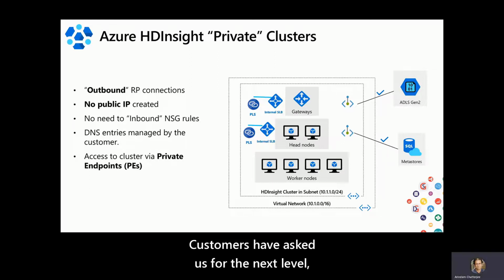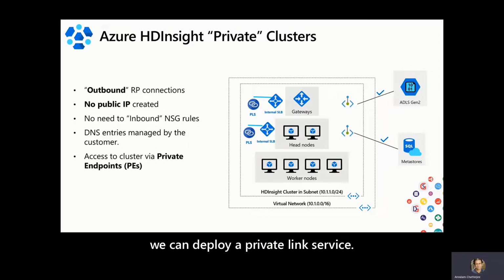Now, customers have asked us for the next level, which is that even for internal applications, users that need to contact the HDInsight cluster, they want to contact it using private endpoints. If you have that requirement, then great, we meet that too. For every HDInsight cluster, if you choose the right option, we can deploy a private link service.